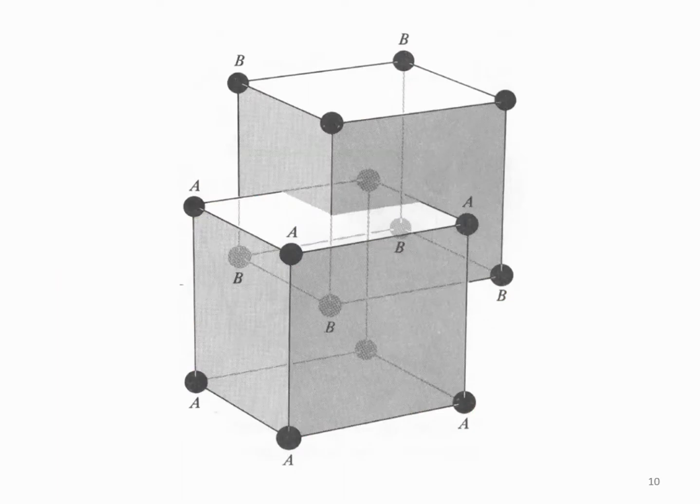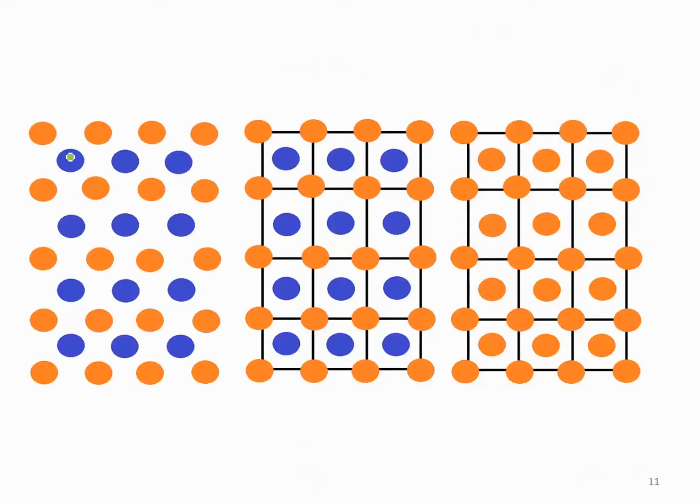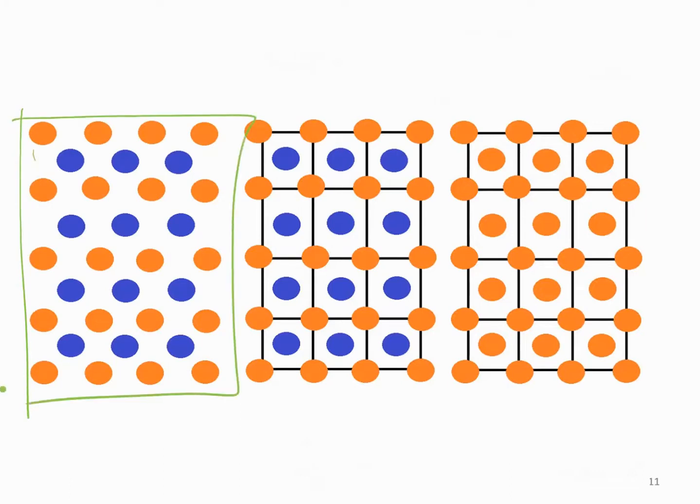You can see this when I stack a few unit cells together. This is the structure. Let's say the orange one equals Cs, and the blue one equals Cl.